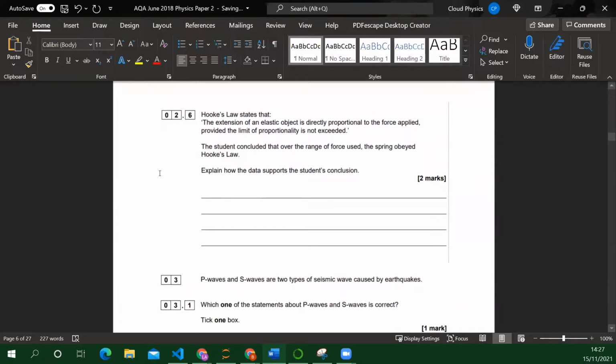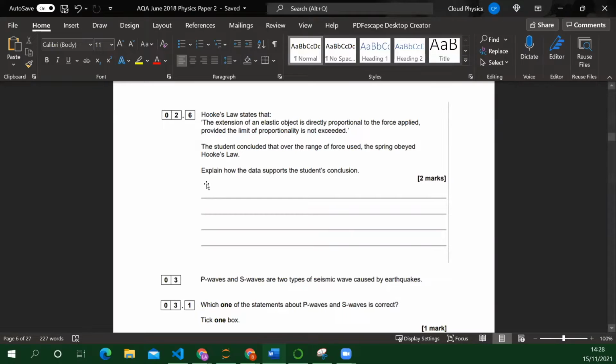Hooke's law states that the extension of an elastic object is directly proportional to the force applied, provided the limit of proportionality is not exceeded. The student concluded that over the range of the force used, the spring obeyed Hooke's law.